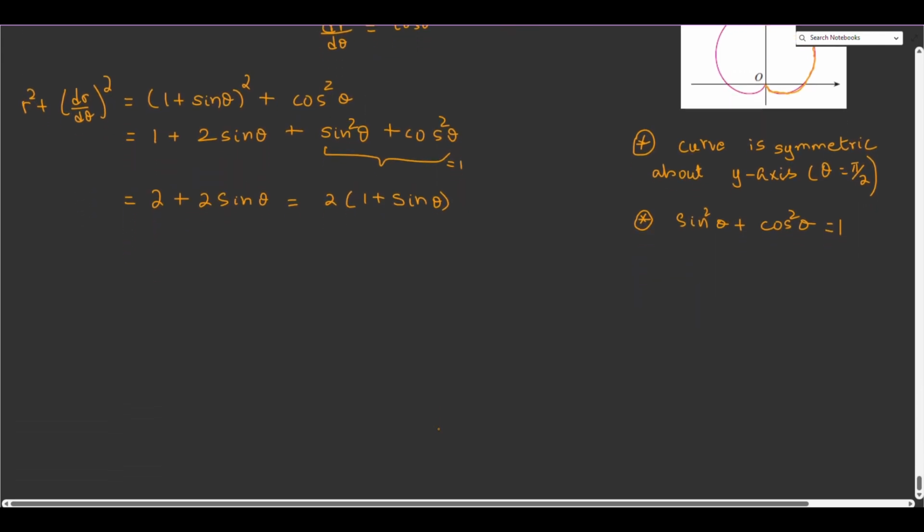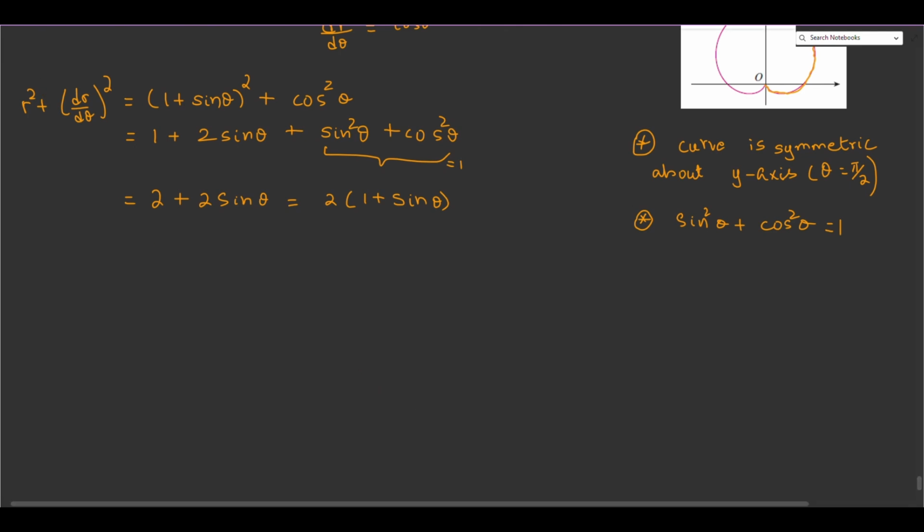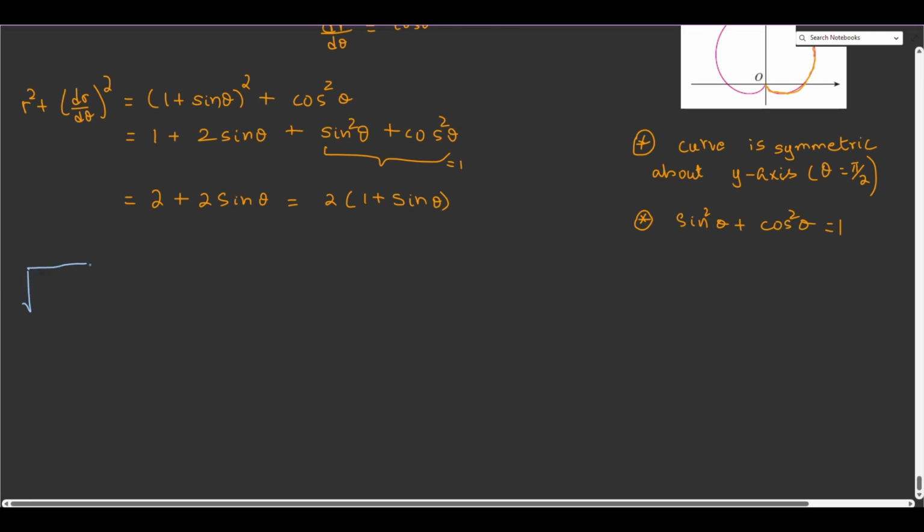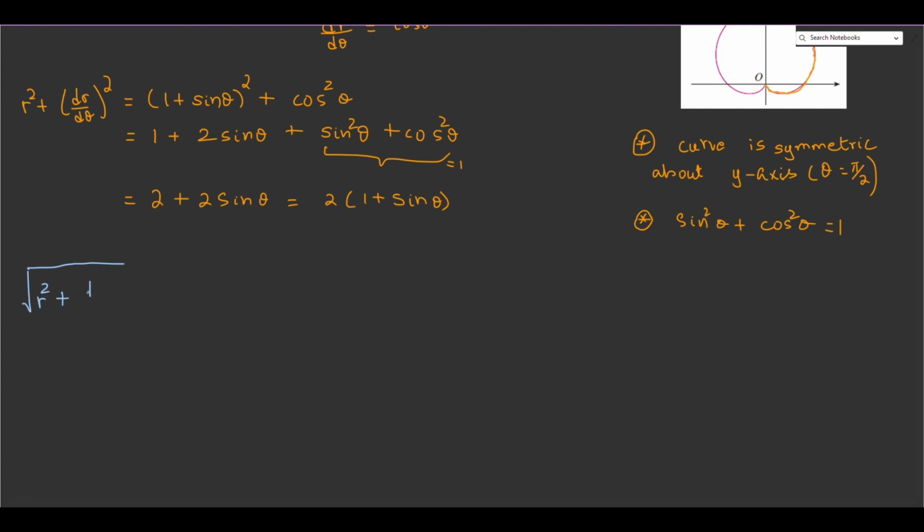So r squared plus (dr by d theta) squared under the root equals the square root of 2 times (1 plus sine theta).